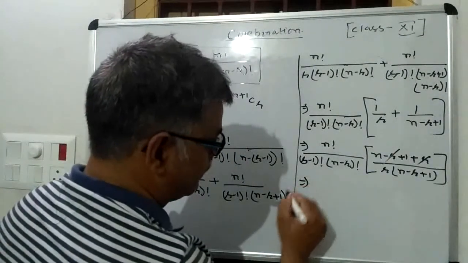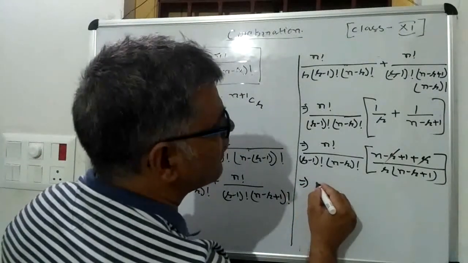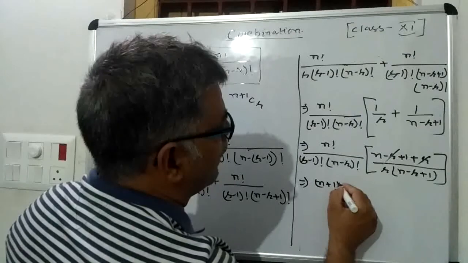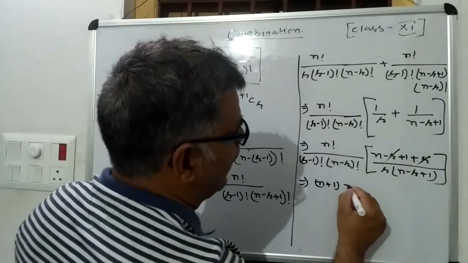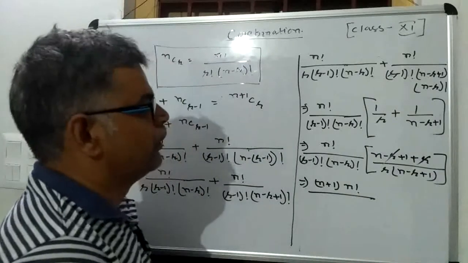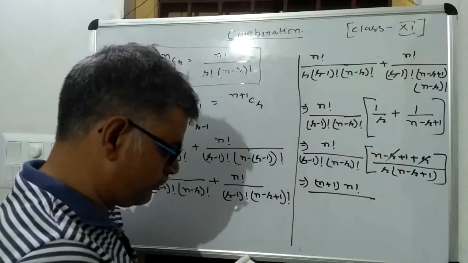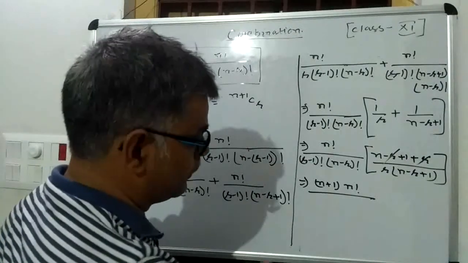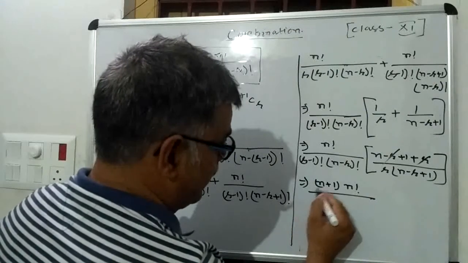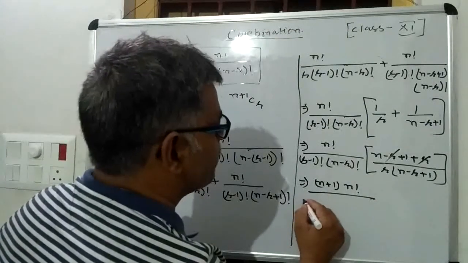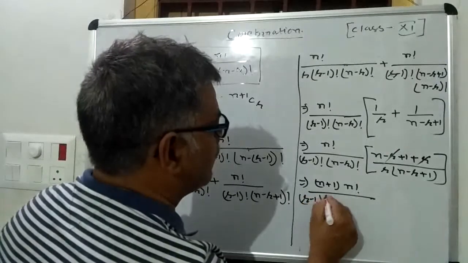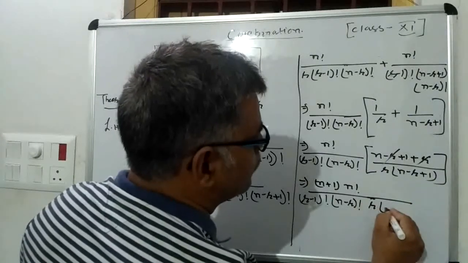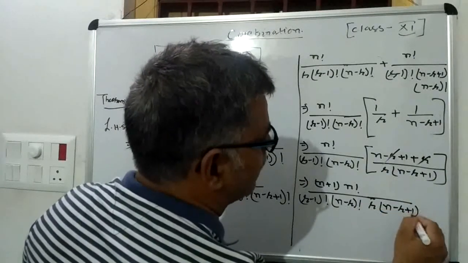So now we have n plus 1 into factorial n by factorial r minus 1 into factorial n minus r into r into n minus r plus 1.